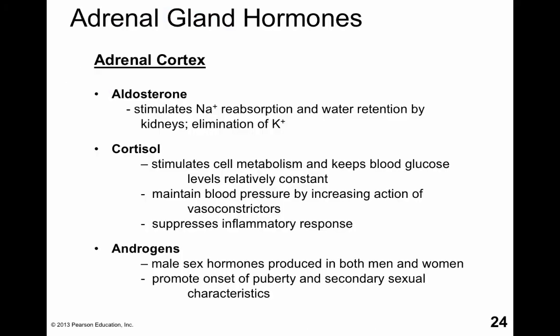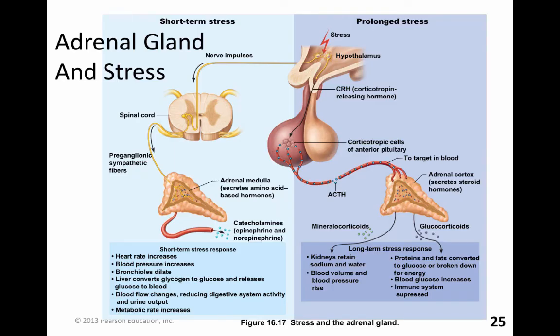Now, what we have to watch out for a lot of times when we're talking about this is that there are different types of stress. So this adrenal gland and stress go hand in hand, right? The sympathetic nervous system is basically our fight or flight response that gets activated by the adrenal medulla gland.